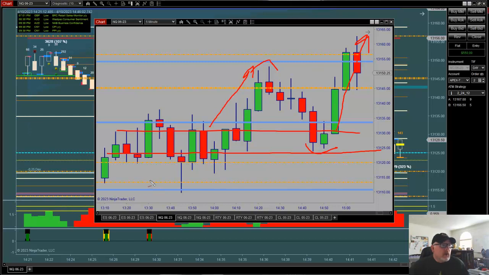So in wave theory, you can look at this as the start of it. It comes up here, makes its descending move not below this area, which is good in a wave, and then it makes its move up.